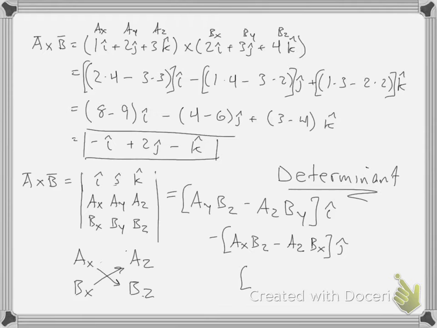And for the K hat, very similar thing. Except now we cross out first row, third column, such that we have this. So now it's AX times BY minus AY times BX.